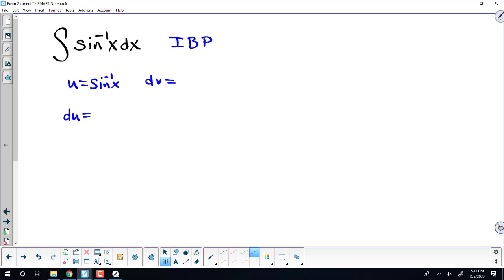What's the derivative of inverse sine? 1 over the square root of 1 minus x squared. So if we have this as our u, then our dv has to be dx, which means v, the antiderivative of dv, is equal to x.